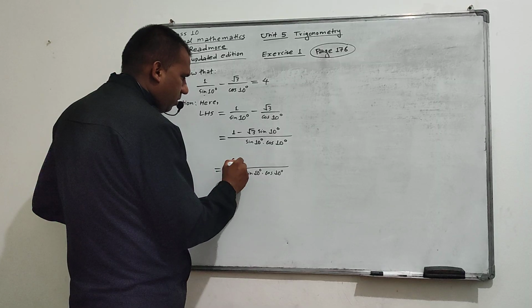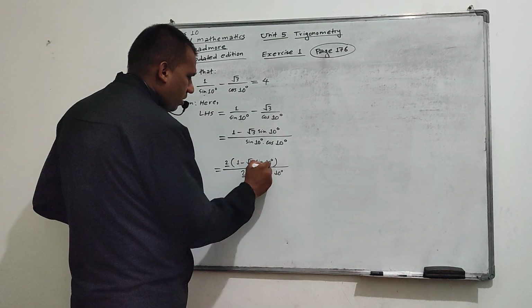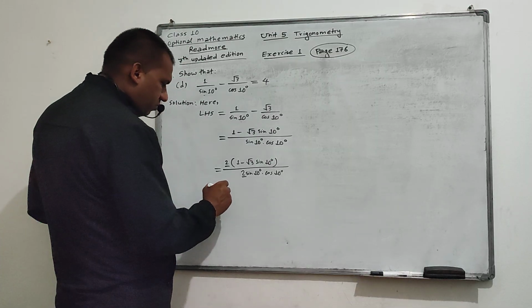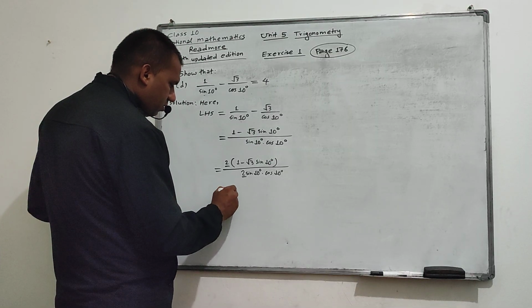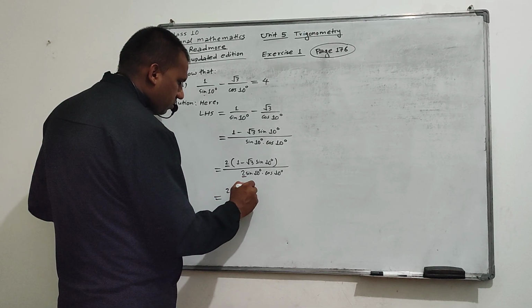Now it becomes 1 minus root 3 sin 10 degree. Again multiply by another 2, 2 into 2, then 1 by 2.